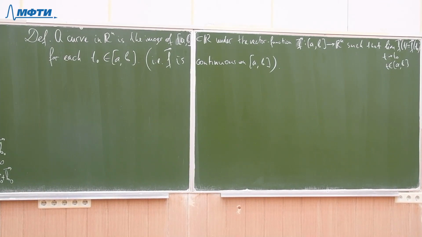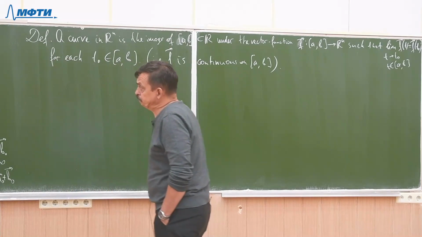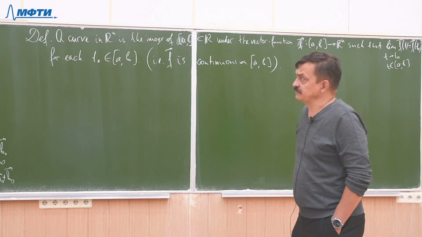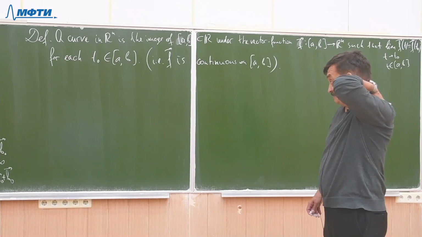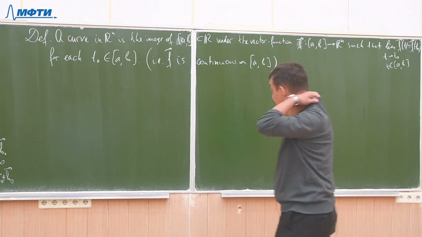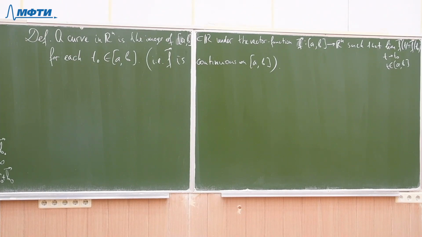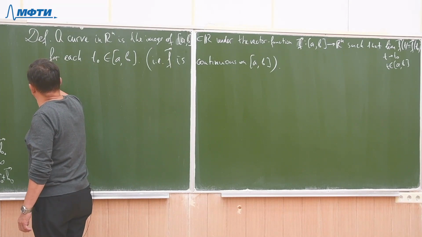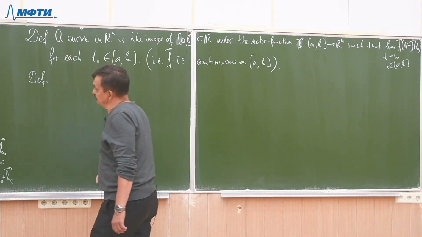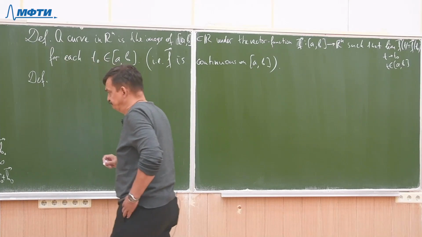Now, let me give an analogous. So, we studied a little bit limits of vector functions. Now, let us turn to limits of functions from Rn to R. So, functions of several variables. Let me recall the definition of limit.